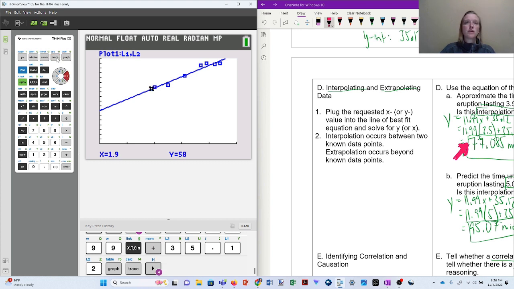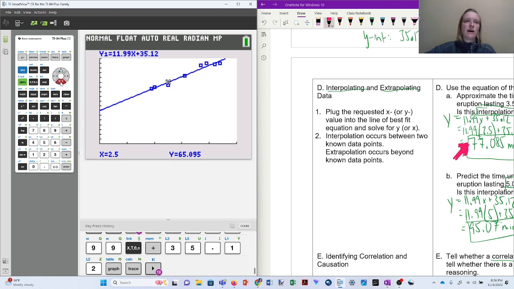Now, at first, you can see that my cursor is kind of hopping around as I toggle through the different data points, because you can see up here in the top left corner it says plot 1. It's doing my scatter plot. It's tracing my scatter plot.